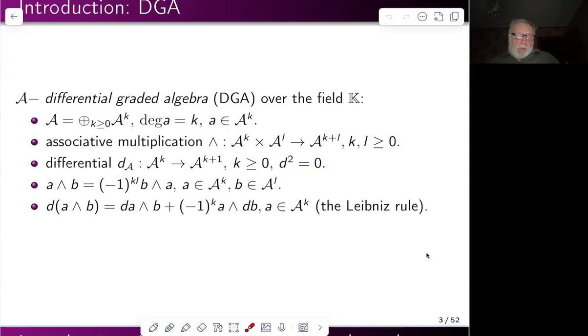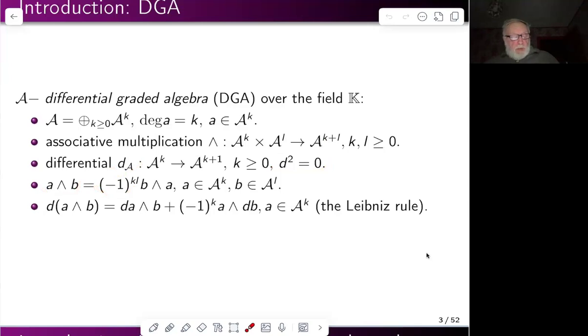And these two operations are super in the sense that if we have commutation in the product, then the usual rule of signs applies.